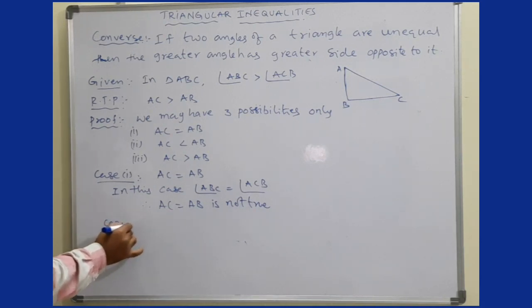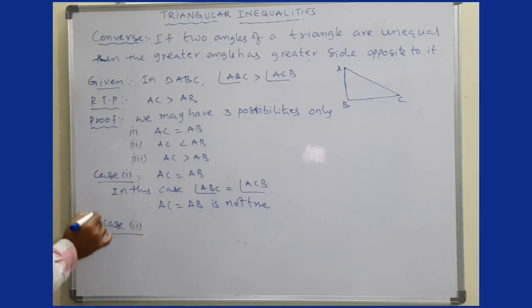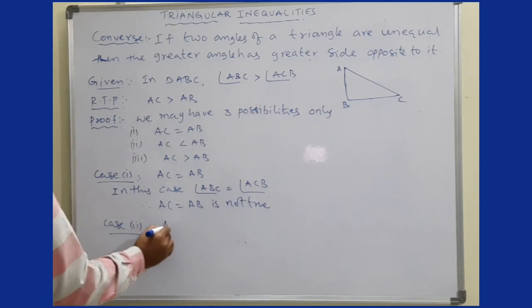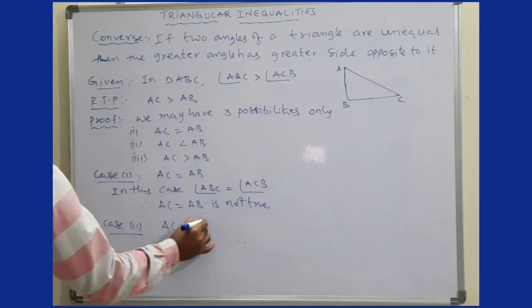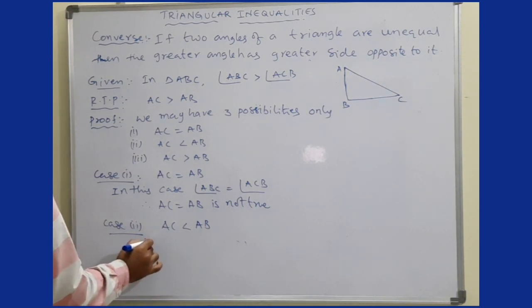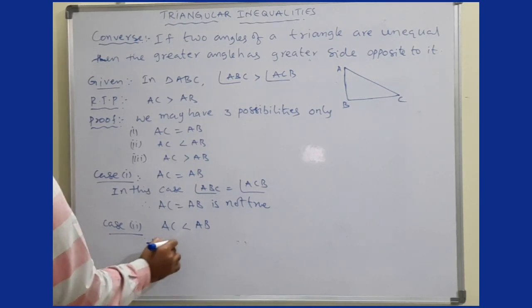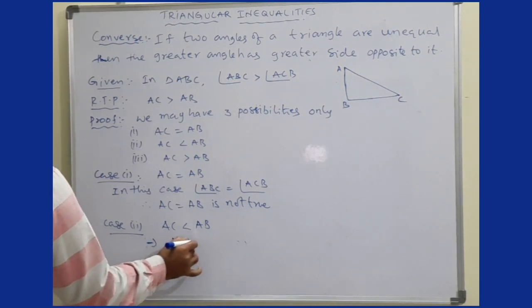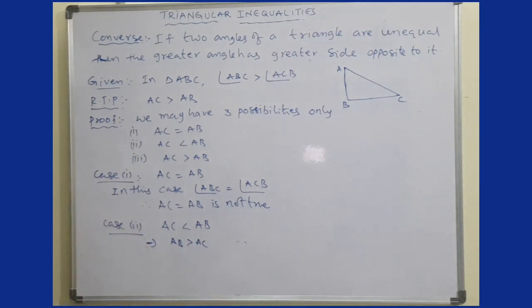Next, coming to case 2, AC is less than AB. Let us see whether it is true. If AC is less than AB, that implies AB is greater than AC.